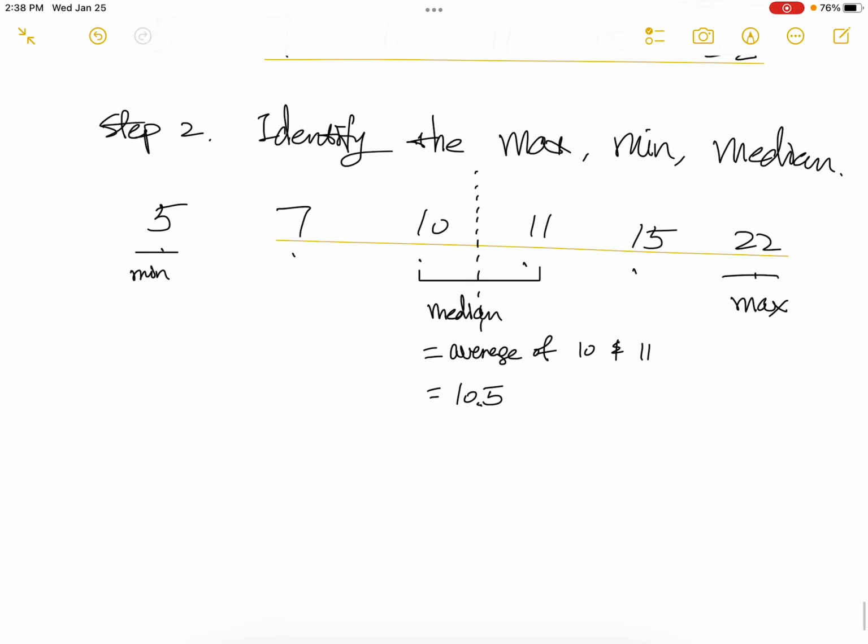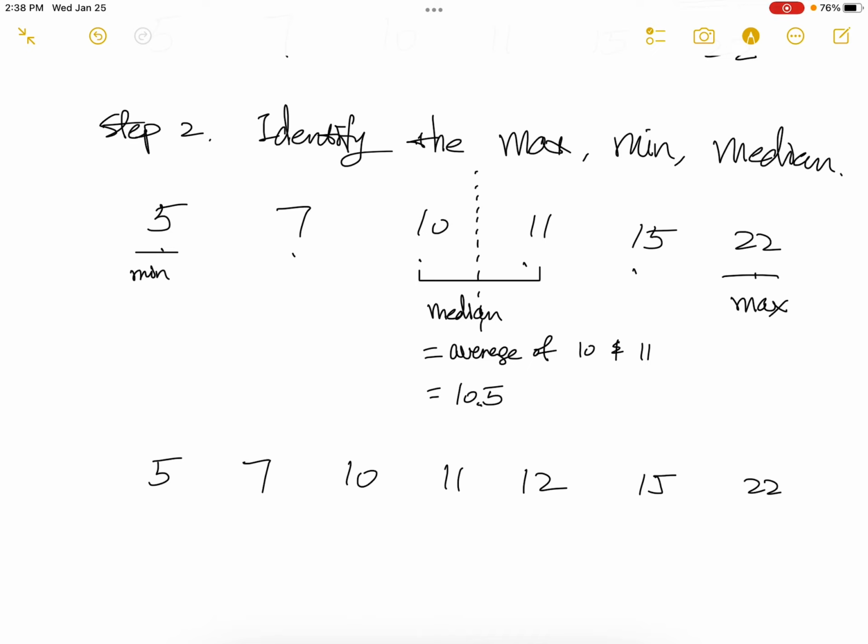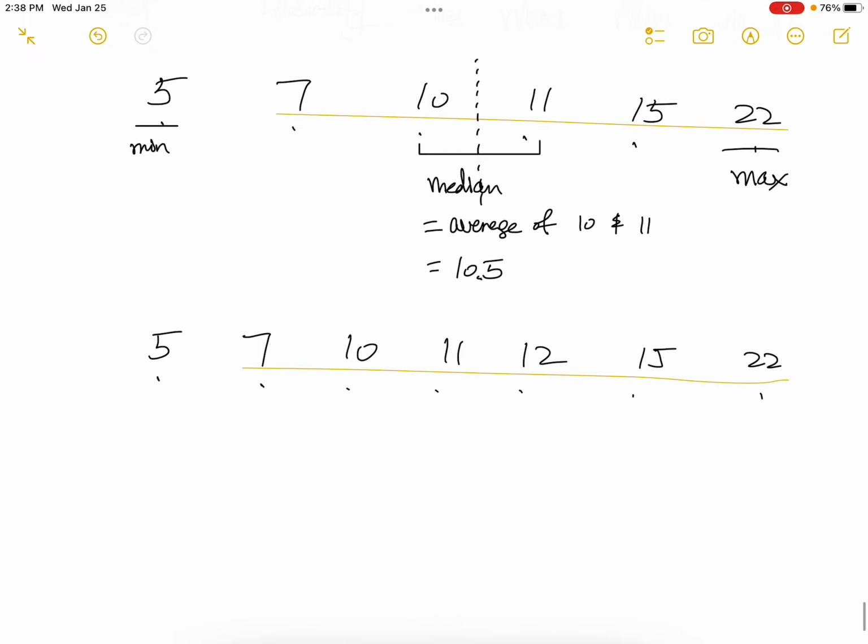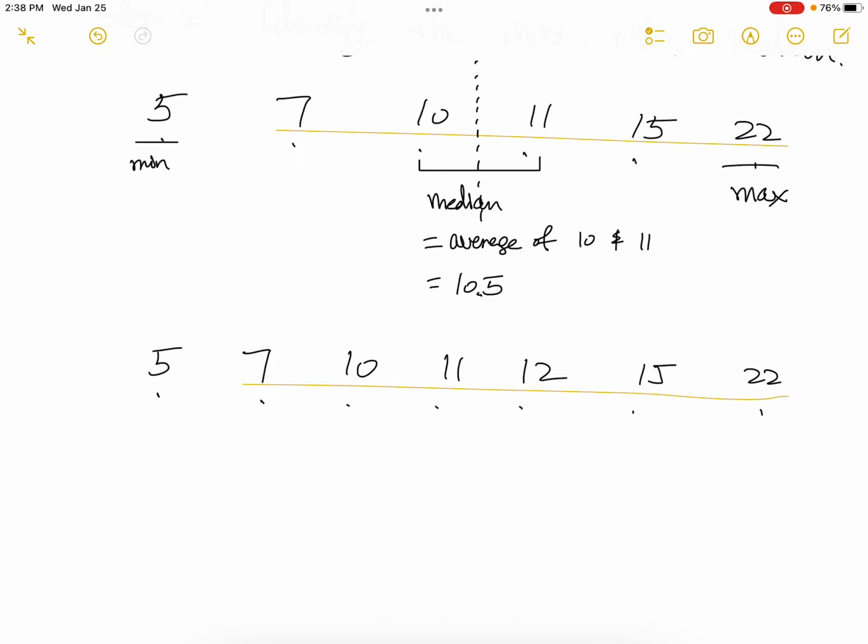Okay, so a little side note from here. Let's say you have 5, 7, 10, 11, 12, 15, 22. So now we have 1, 2, 3, 4, 5, 6, 7. 7 numbers, an odd number of numbers, right?